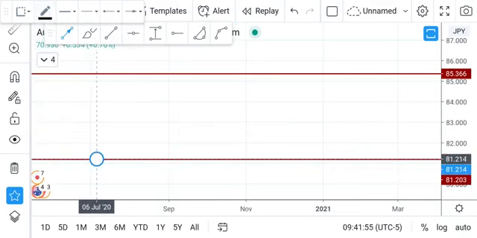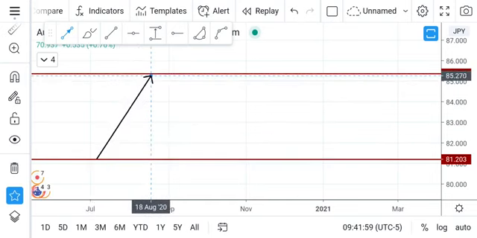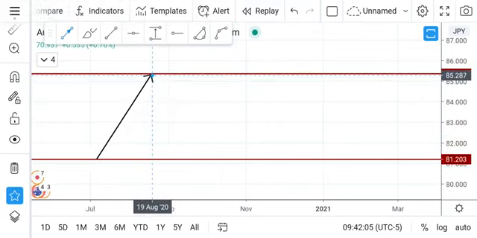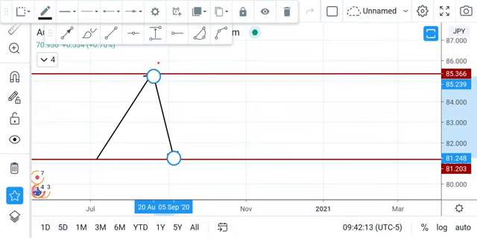Buyers are going to push price up and it's going to meet a level of resistance. Then sellers will come in and push it back down to the support. So over here you have one top.